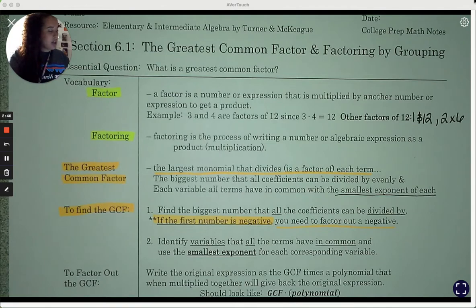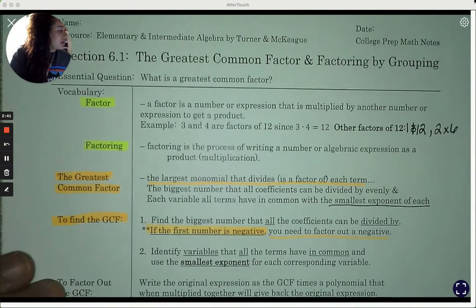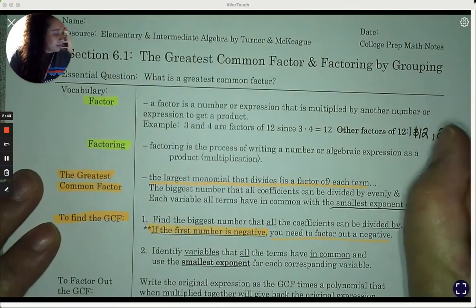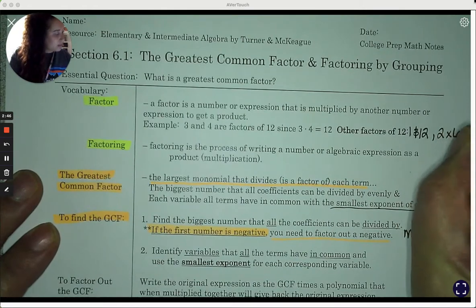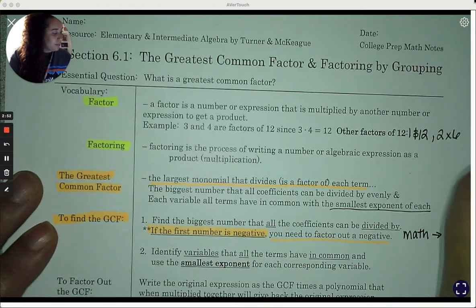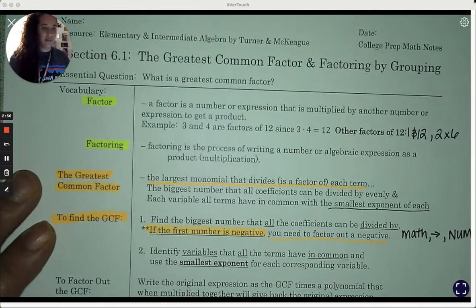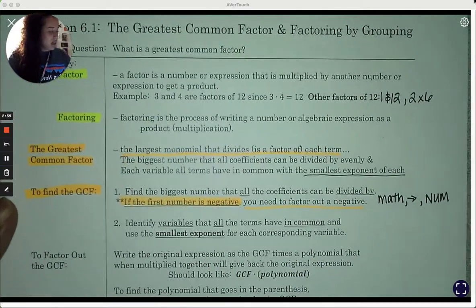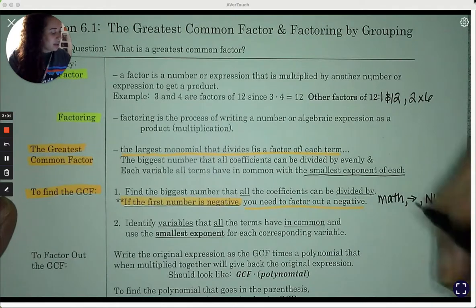All right, so let me look at my calculator real quick. So we go math, then we go right arrow key to NUM, okay, and then we go to option 9.